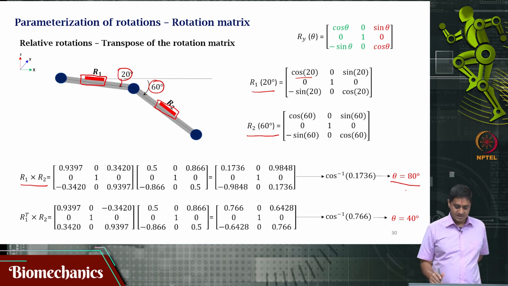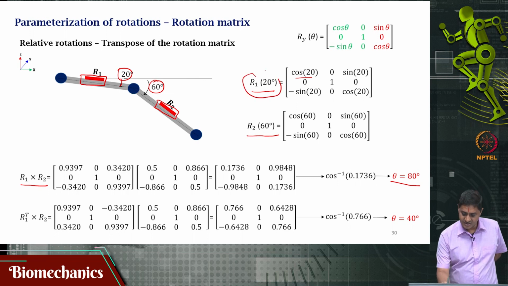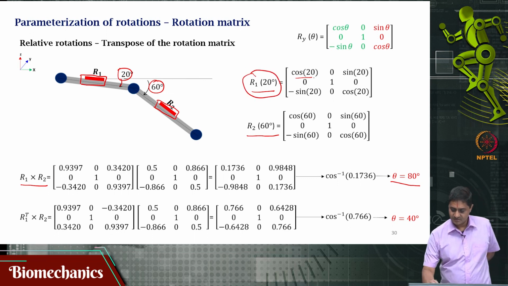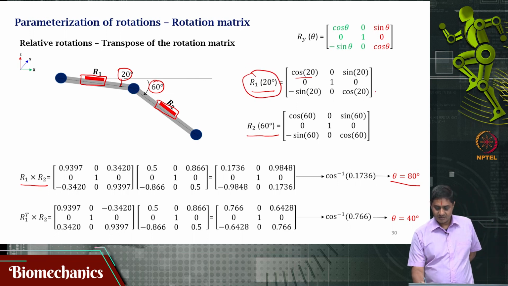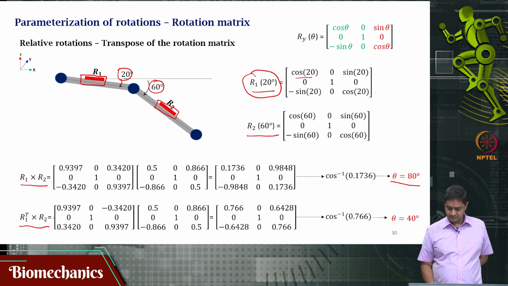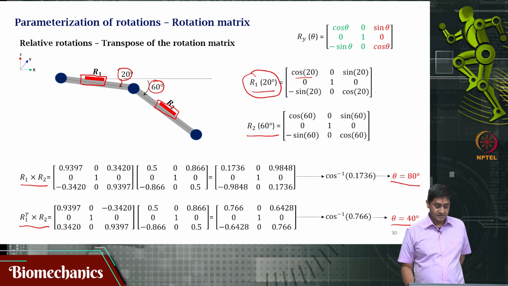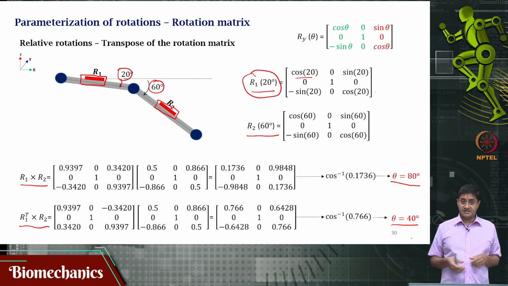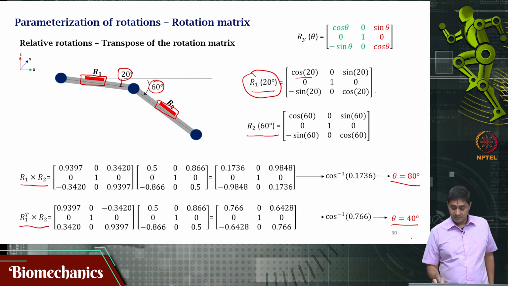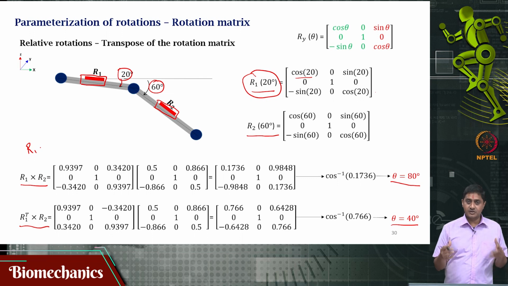But suppose I transpose R1 and then multiply it with R2, then I am going to get theta as 40 degrees. So the net rotation is what I get from the product of R1 and R2.